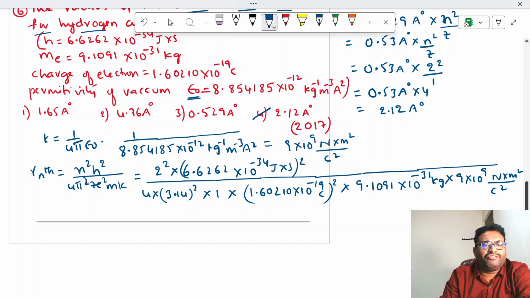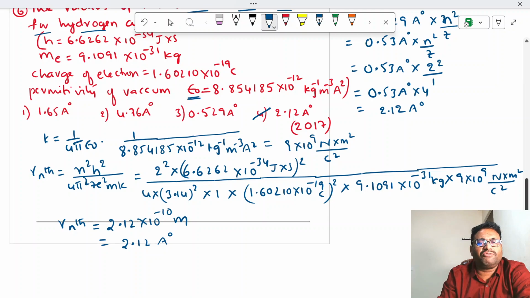If you calculate this, the radius of the nth orbit is equal to 2.12 into 10 power minus 10 meters, which is 2.12 angstrom units. This is how we calculate the radius of the nth orbit.